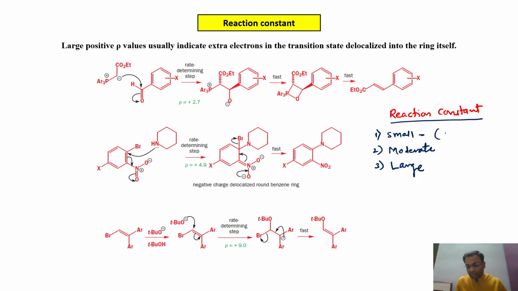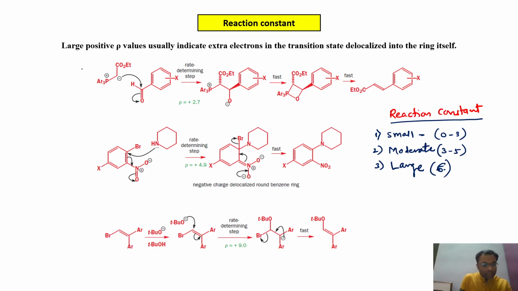When the value of the reaction constant is between 0 to 3, it is considered a small rho value. When it is between 3 to 5, it is considered a moderate rho value. When the value of the reaction constant is more than 5 or more than 6, it is considered a large value of the reaction constant.